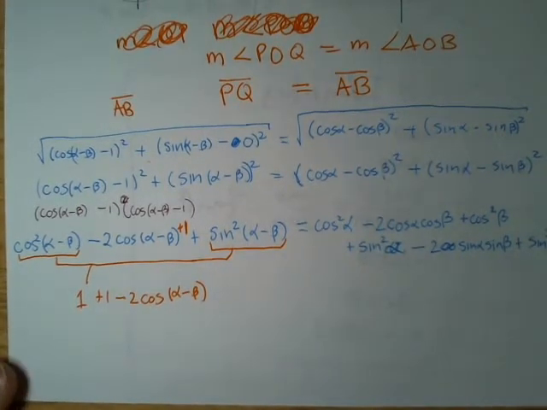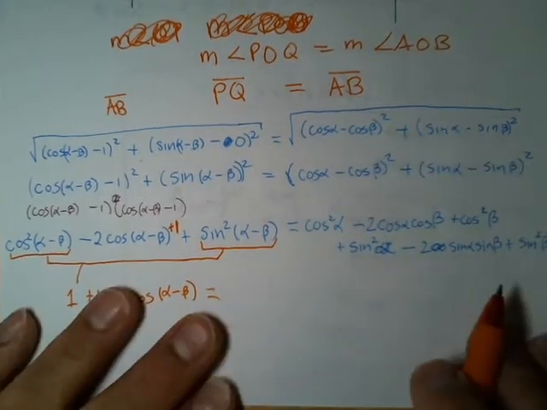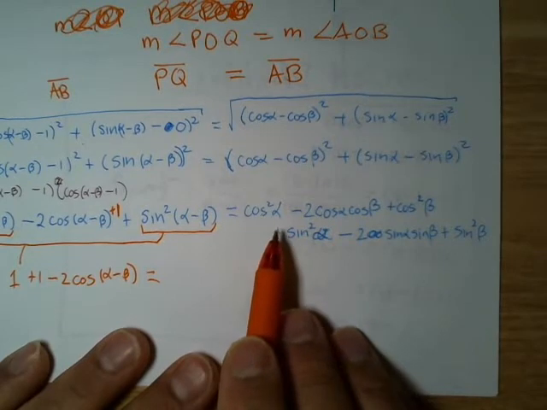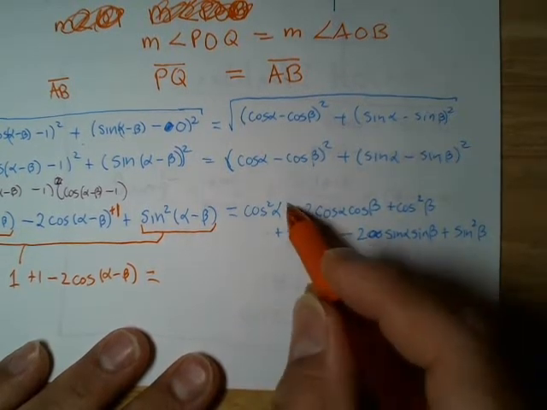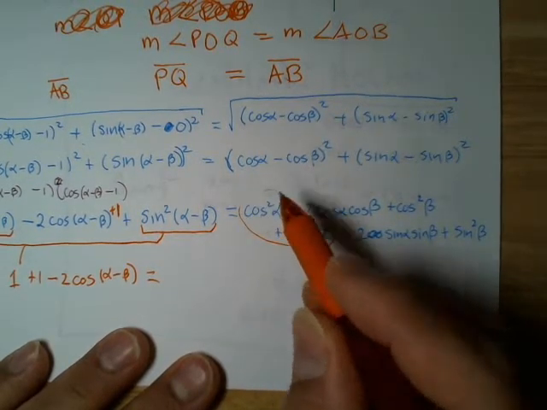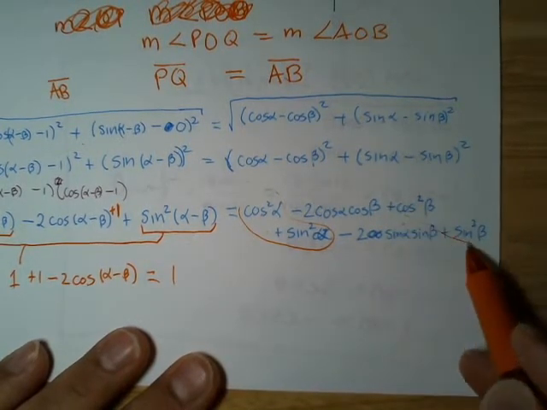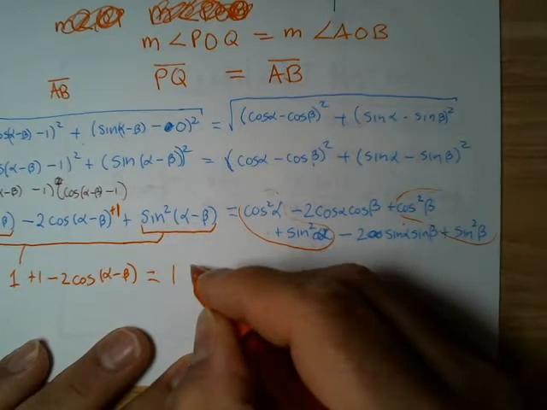Okay, so that cleans up rather nicely, and notice here, this cleans up really nice as well. Cosine squared alpha, sine squared alpha, both of those give me 1. Cosine squared beta, sine squared beta give me 1.